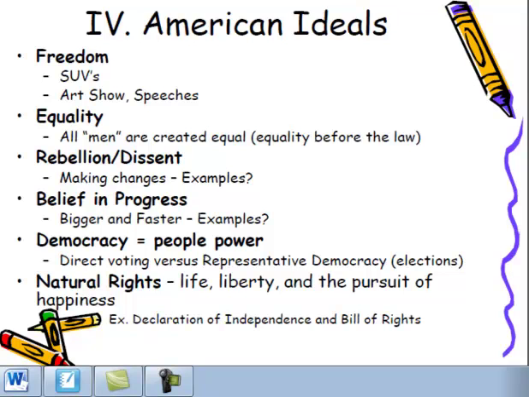Equality. All men are equal before the law. Okay. So if I'm suing Brooke, we're going to go up in a court system. We're both going to give our side of the story, and then we both have equal opportunity to be judged by a panel of our peers, right?